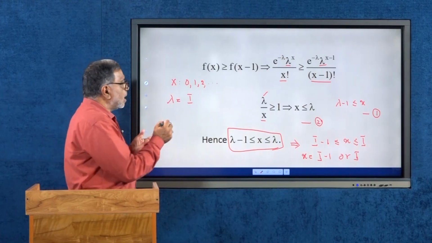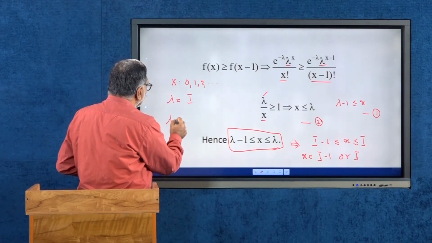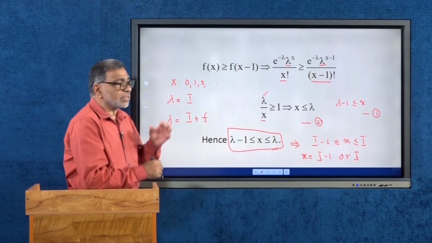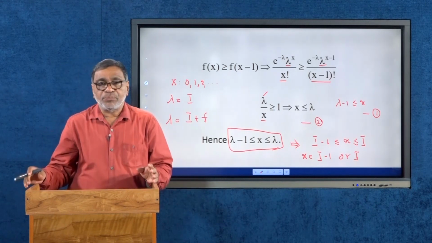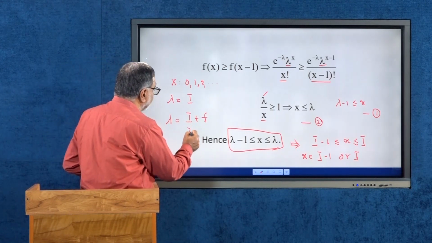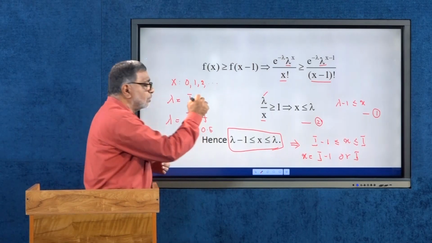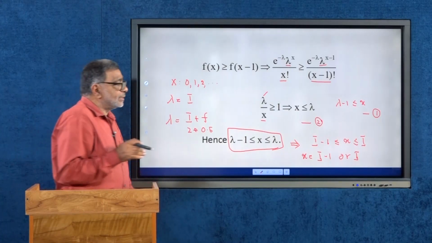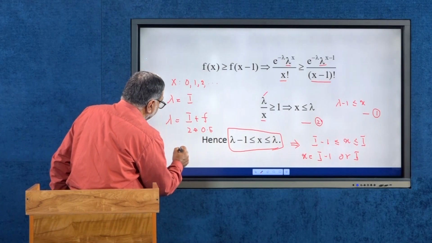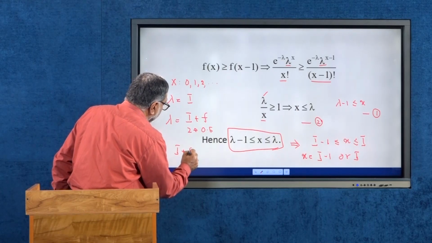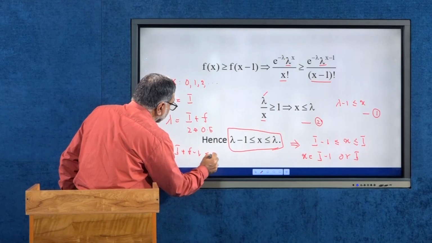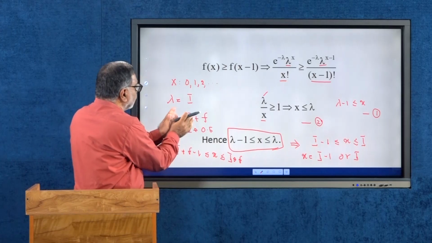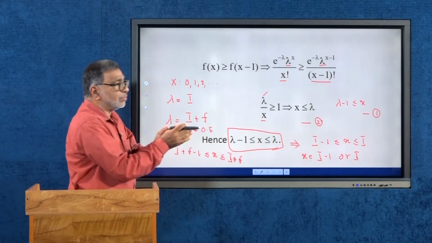Instead of lambda as an integer, suppose lambda has a fractional part, something like I plus f, that is I the integral part and f a fraction part, say 2 plus 0.5, that is 2.5. What is the mode in that case? It is I plus f minus 1 less than or equal to x less than or equal to I plus f, where I is the integral part of lambda and f is the fraction part.